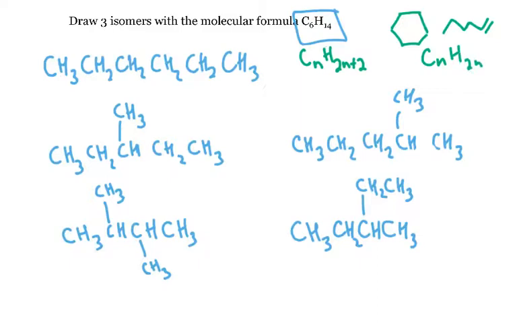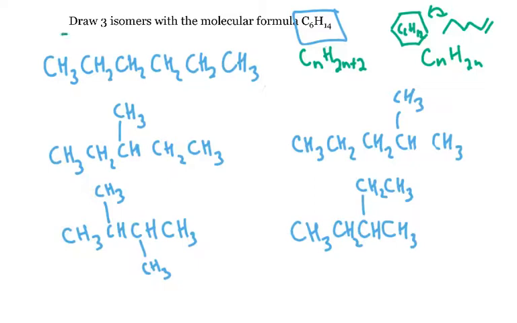So this would be C6H12. A cyclopentane would be C5H10. Okay? So cyclic alkanes and alkenes, they can be isomers of each other. All right, but they cannot be isomers of straight chain alkanes. Fun fact for you there.